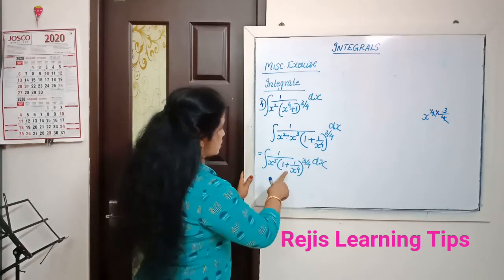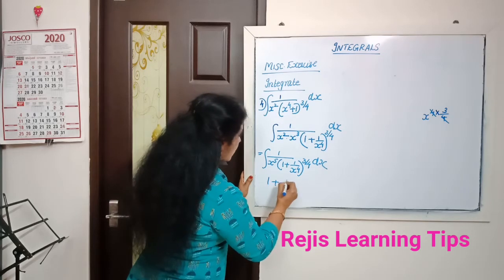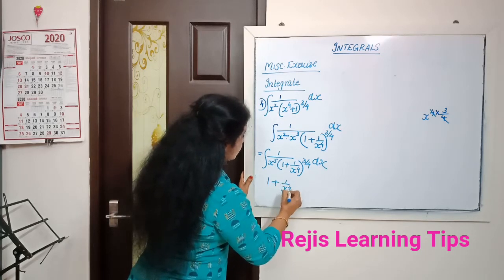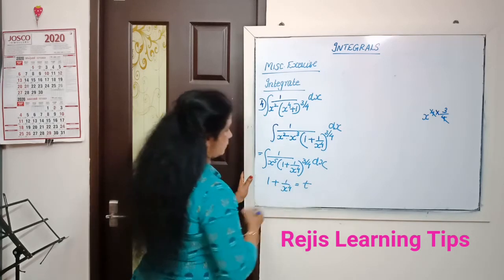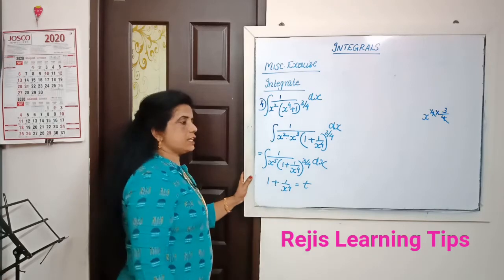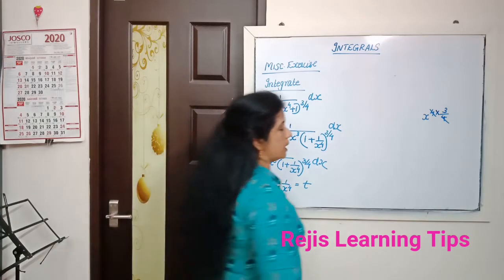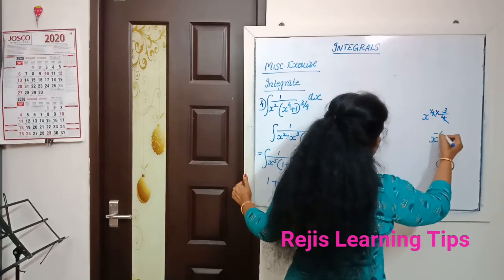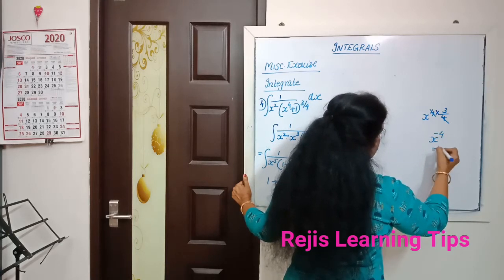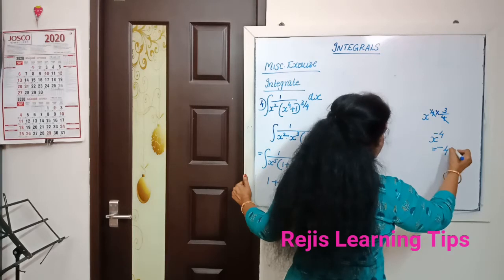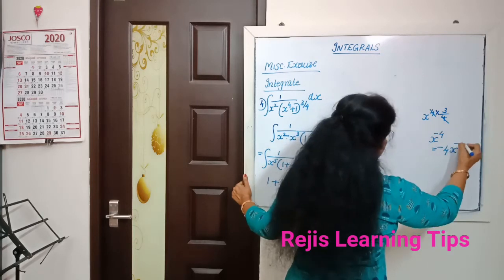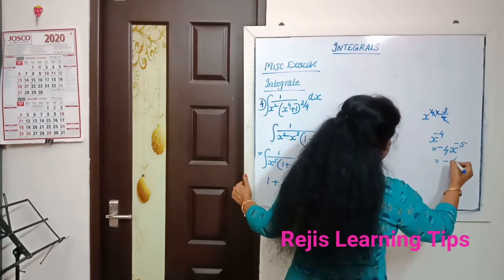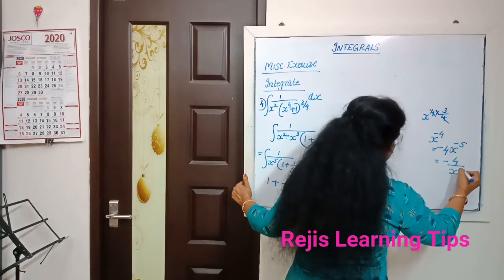Then we can substitute 1 plus 1 by x raised to 4 equal to t. What is the derivative of 1 by x raised to 4? 1 by x raised to 4 is x raised to minus 4. The derivative of x raised to minus 4 is minus 4 into x raised to minus 5, that is minus 4 divided by x raised to 5.